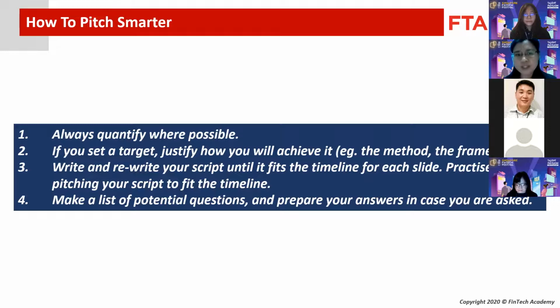So for example, instead of saying that this mobile app will be able to reach a large pool of people, you want to say that the mobile app can reach 1 million people. And 1 million people will be able to download the app in 3 seconds and actually use the app right away. By the time they finish the order, it's just going to take them a quick 10 seconds. So this is how you set your targets and how you quantify each phase.